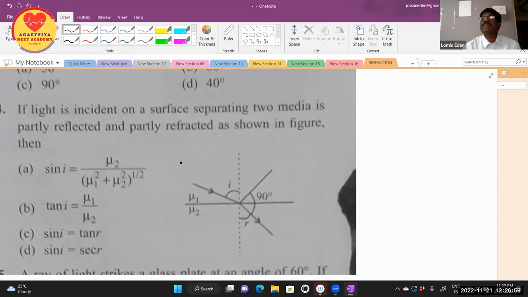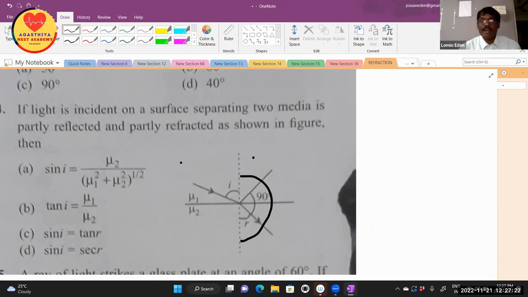The angle of incidence is represented in terms of refractive index in options A, B, and C. Use the Snell law. That is enough. Use the Snell law. Students, kindly see this.